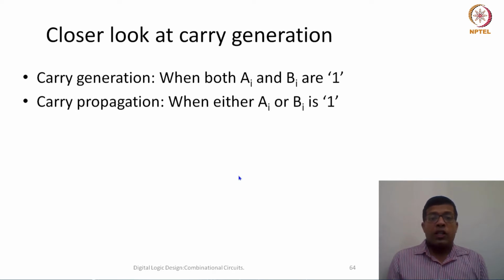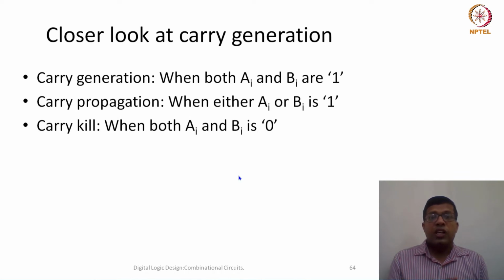The third parameter is when this propagation would be halted. We call it carry kill. When both ai and bi are 0, then whatever carry was coming from behind will stop propagating. We can also say that we are killing that carry.